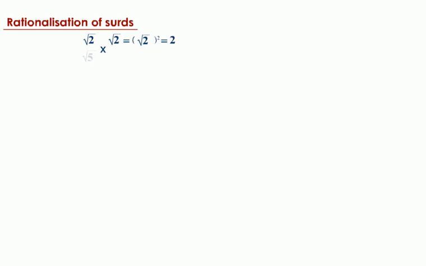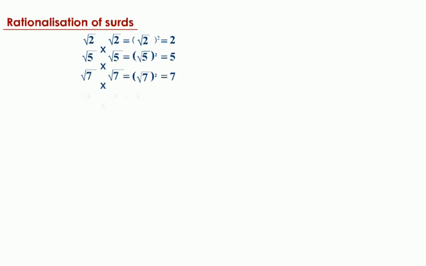Again, under root 5 into under root 5 is equal to under root 5 whole square, which gives us 5. Under root 7 into under root 7 equals under root 7 whole square, that is equal to 7, and so on.